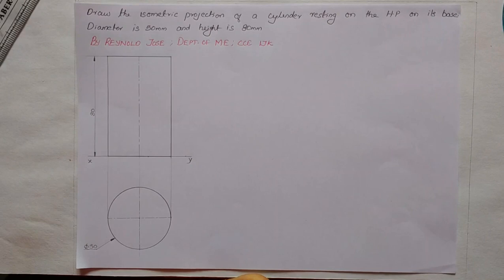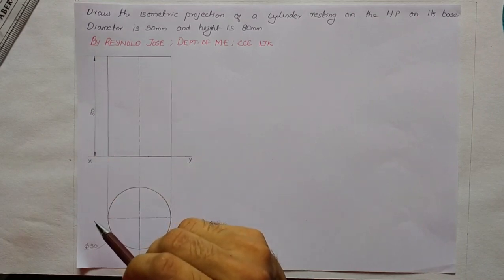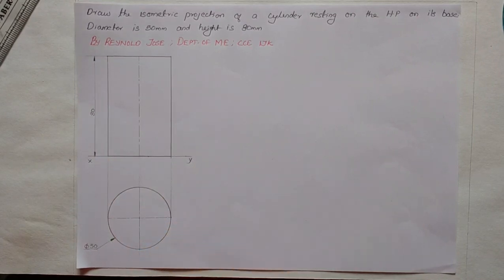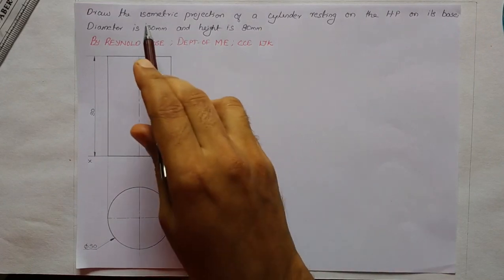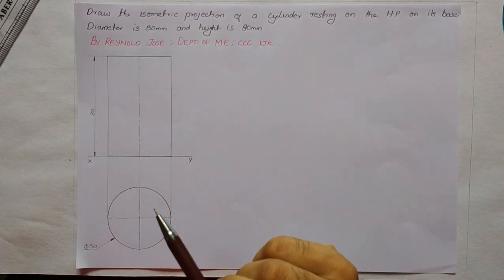In this problem, we have to draw the isometric projection of a cylinder which is resting on the horizontal plane on its base. The cylinder has a diameter of 50 mm and a height of 80 mm. So we have to draw an isometric scale here because we have to draw the isometric projection of this solid.